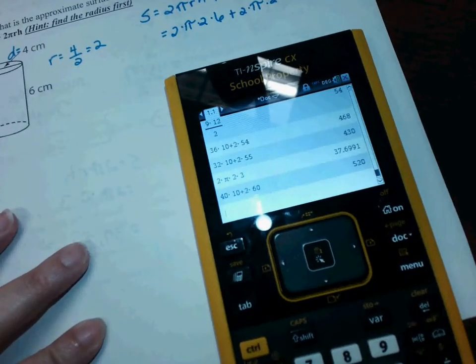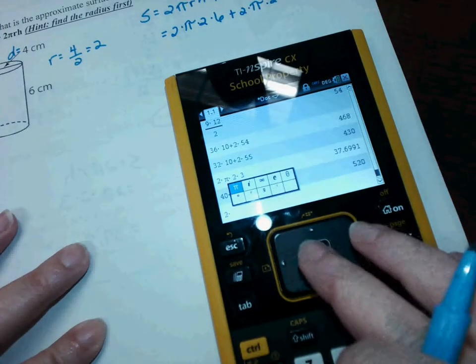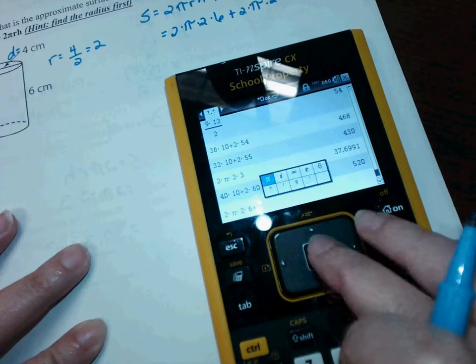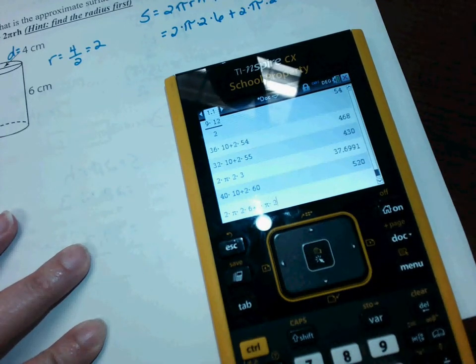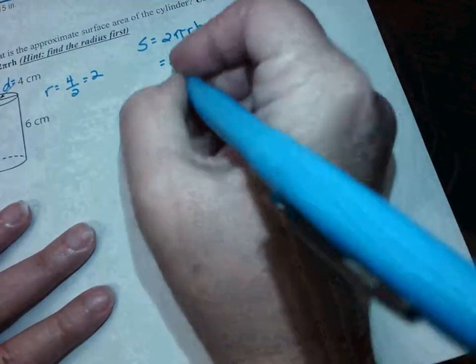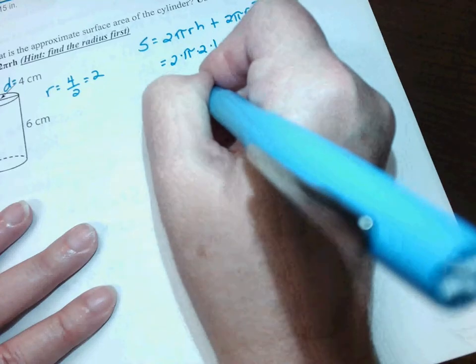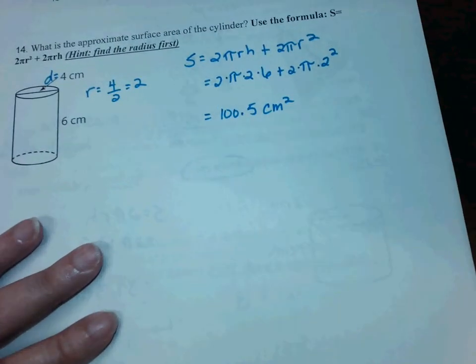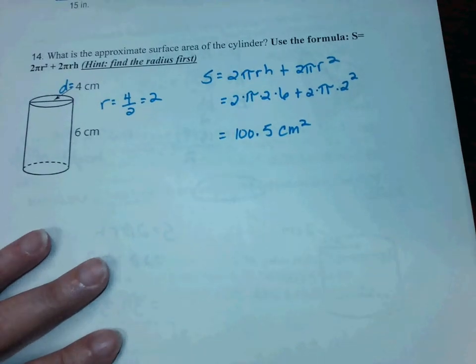Type that all in. 2 times pi times 2 times 6 plus 2 times pi times 2 squared. 100.5. And that's centimeters squared. And that is your corrections for the surface area test.